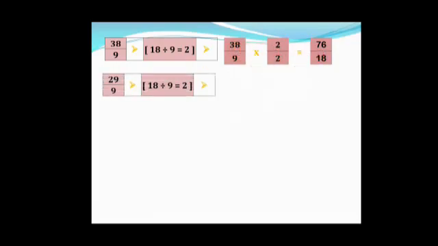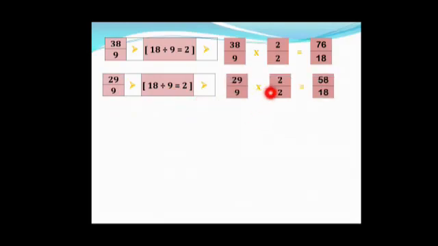So 18 divided by 9 is equal to 2. So we will multiply 38 by 9 by 2 by 2, which is 38 2s are 76 and 9 2s are 18. Now next, 29 by 9. So 18 divided by 9 is equal to 2. So again we need to multiply it.